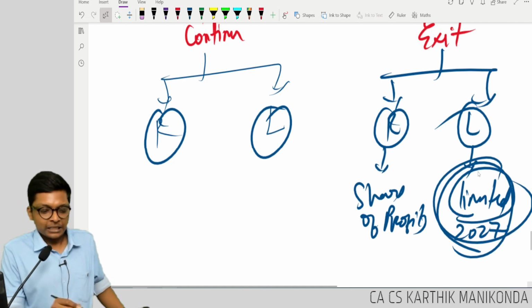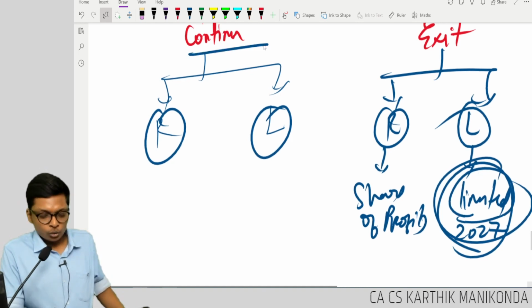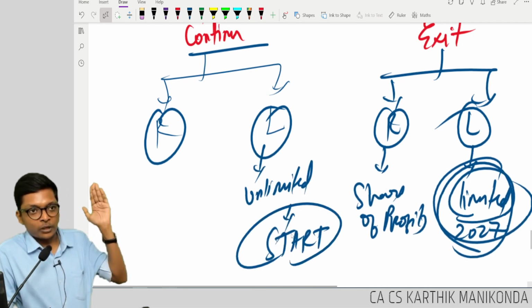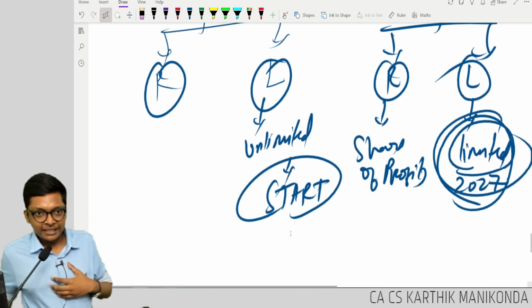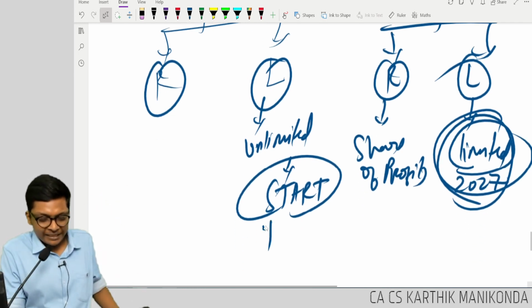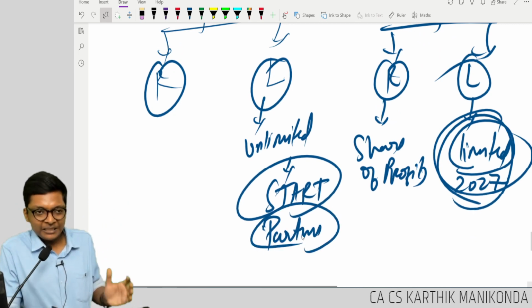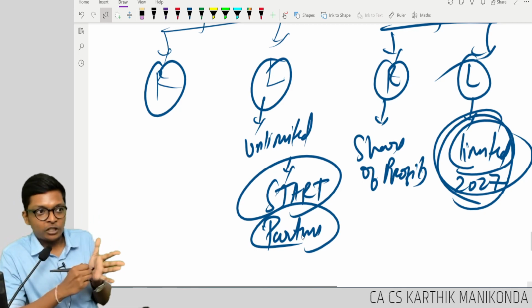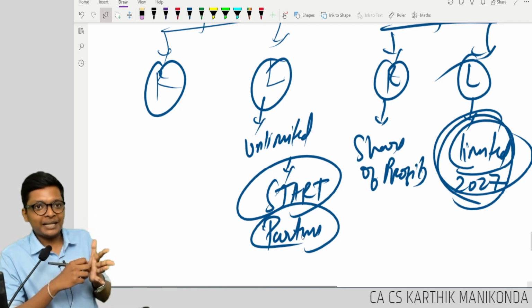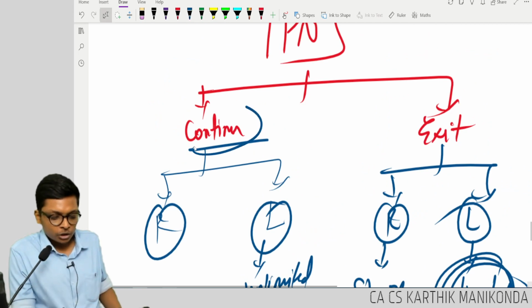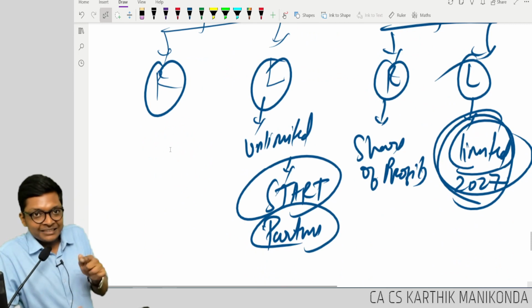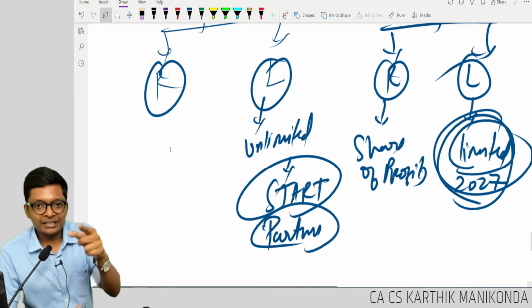Are you following, guys? If you decide to continue, liability becomes unlimited from the start, from the time you are a minor. It becomes unlimited from your birth, from the time you became a partner. Birth means, imagine that you are there from that time. So it is not unlimited liability from the date of becoming major, not from the date of continuing. It's unlimited liability from the start. Knowing that, you can take a decision. Knowing that only, you are deciding, correct?